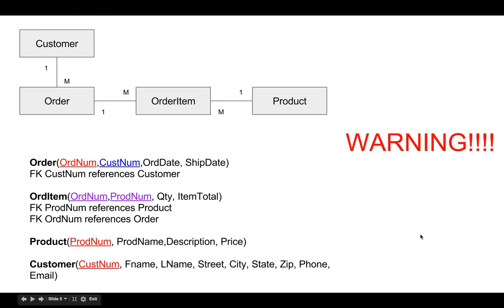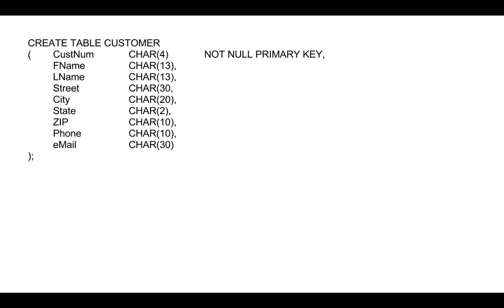So what do you do to correct that? Well, when you go to create tables, you need to start with the first initial tables and create the primary keys. In this example with the order and customer, we would create the customer table first, and this is a table description that would create that table. Notice it says customer num, not null primary key.